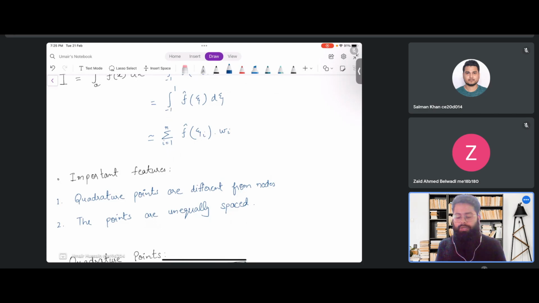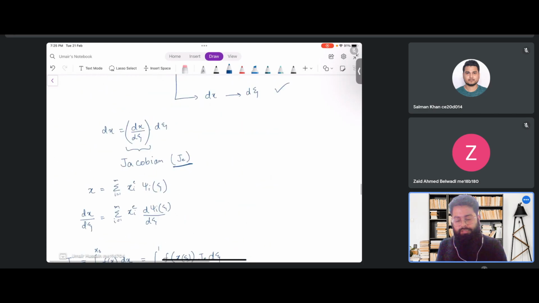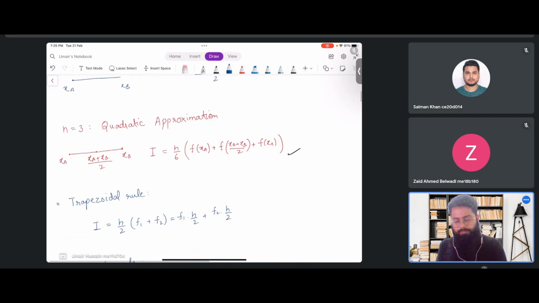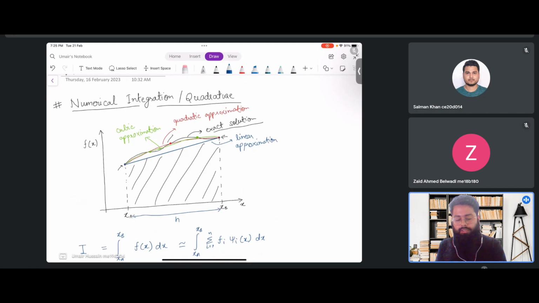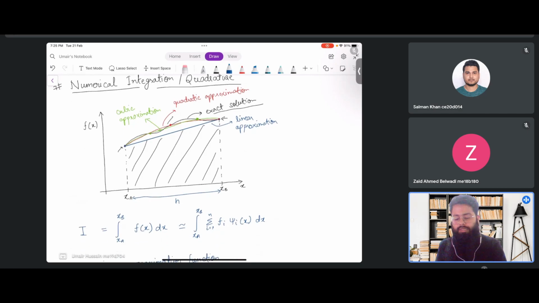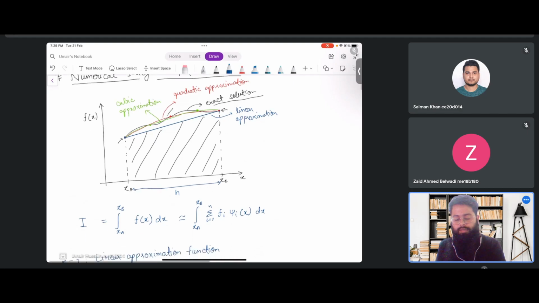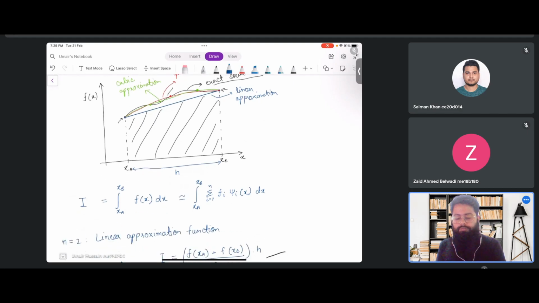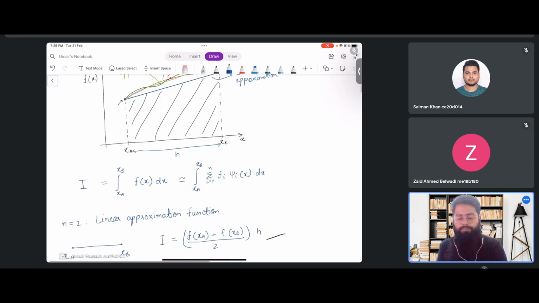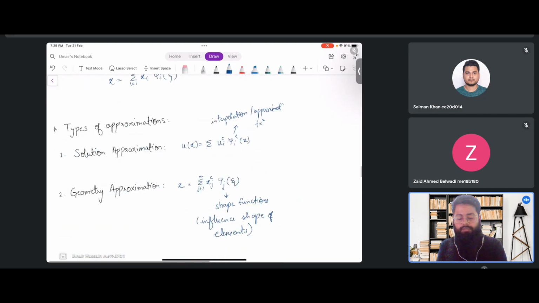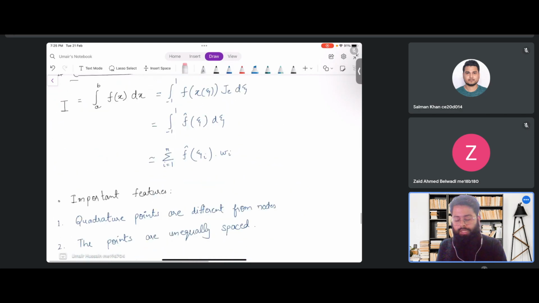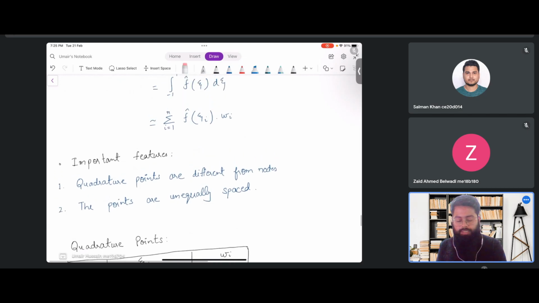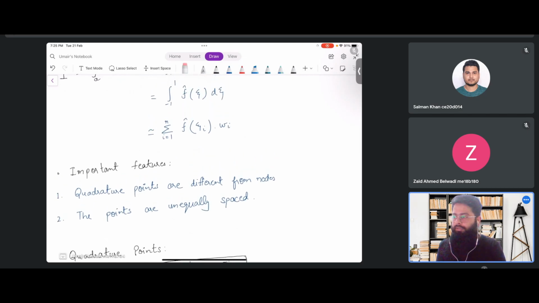In the trapezoidal and Simpson's rules we studied initially, we took the end node points as our quadrature points and calculated the function value at those points. But that's not the case in the Gauss quadrature formula. Another thing is that the points may not be equally spaced.